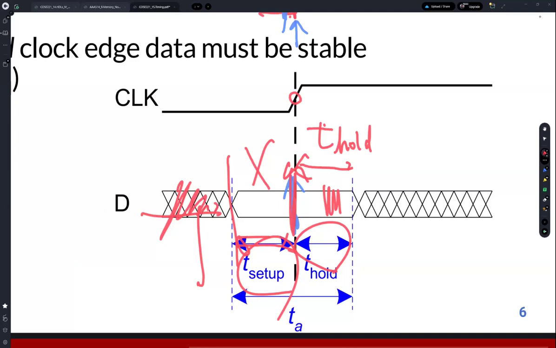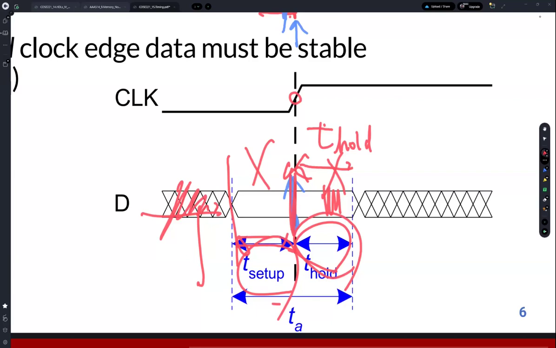Also, the input signal needs to be maintained, so the input signal cannot be changed. The input signal needs to be maintained after the hold time on the rising edge of a clock. So we need to consider this T setup and T hold for analyzing the timing property of the D flip-flop.